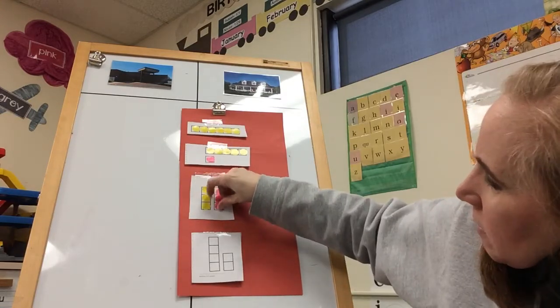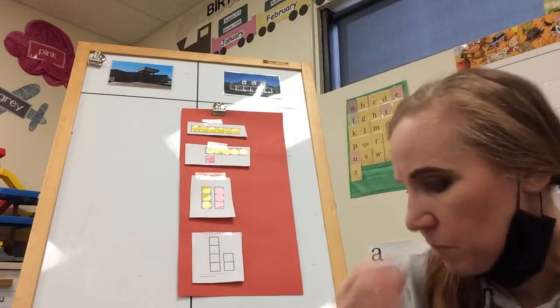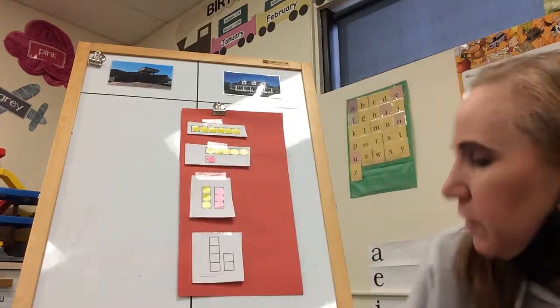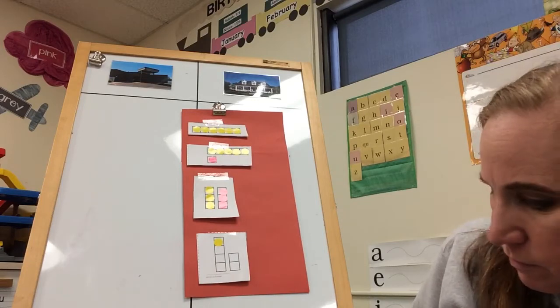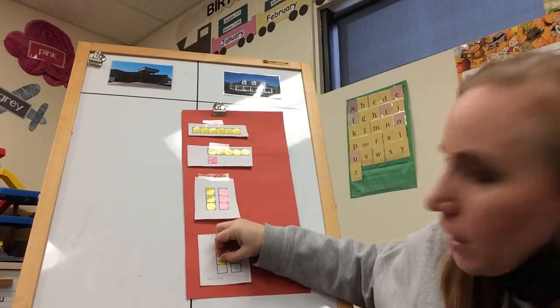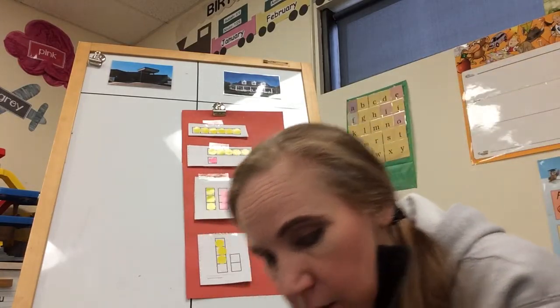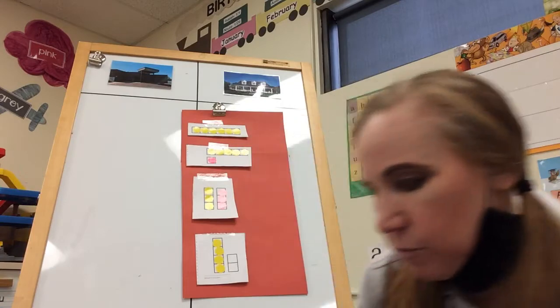All right. And at the bottom, our first group gets yellow. And I think you'll find you have just enough of the dot stickers to fit everything. And if you did the colors a different way, it would not have worked. All right, so let me finish my yellow, and let me do my pink.